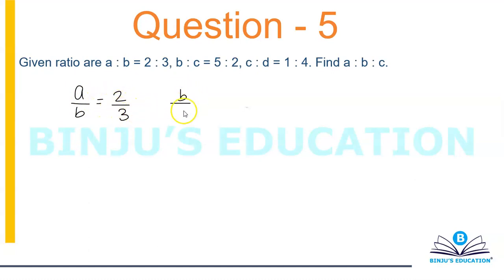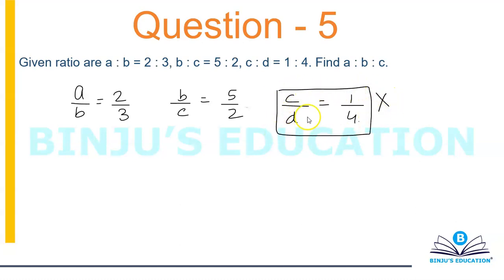I have b by c, which is 5/2, and I have c by d, that is 1/4, and I'm asked to calculate a is to b is to c. So I don't need d, that's good. This information is not required. I just need to calculate a is to b is to c.